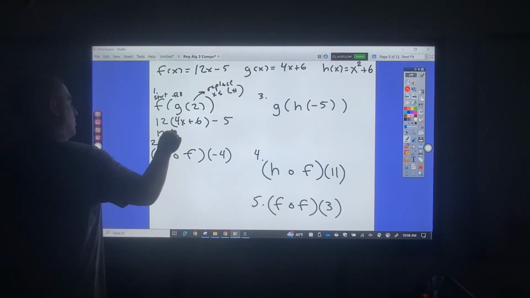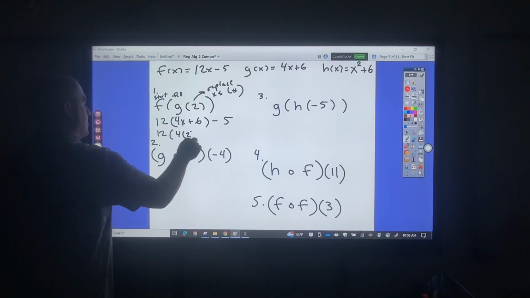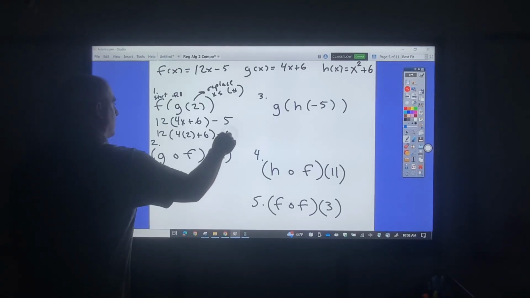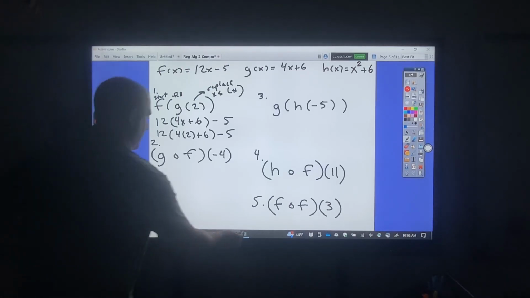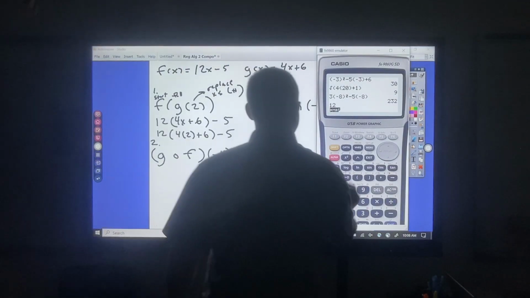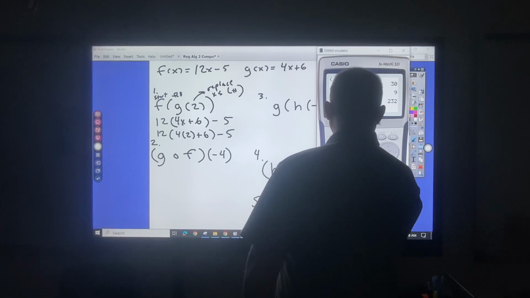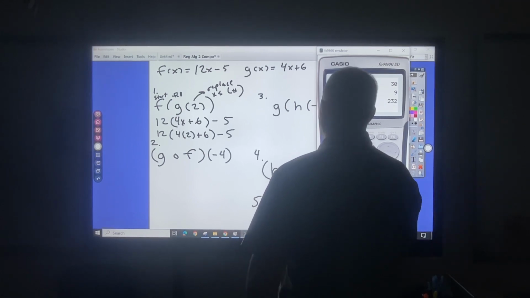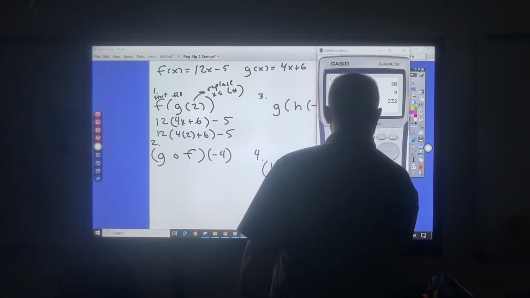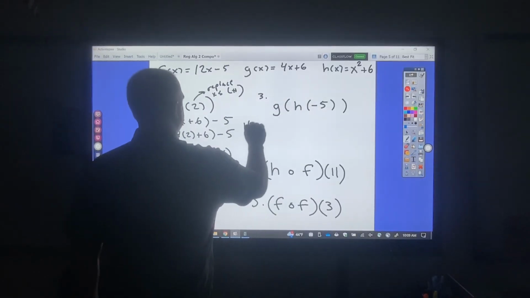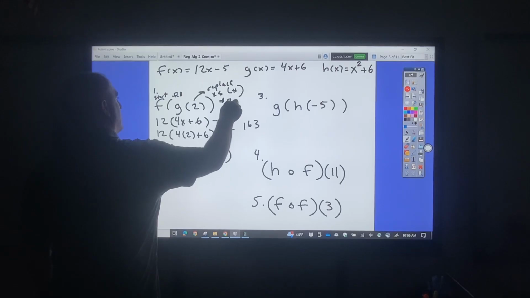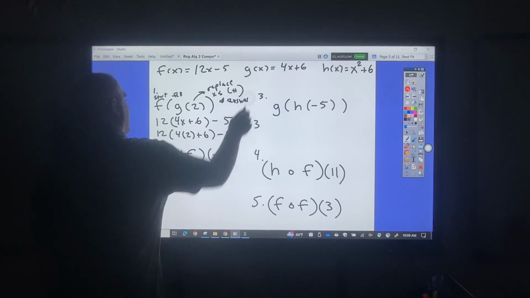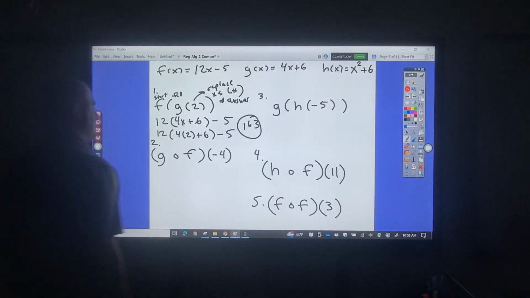So what I want to do is I'm going to go ahead and put that in like that. That keeps it really easy, okay? All right, so you just got to type all your parentheses. That's the only thing you got to watch. And I'm going to let the calculator do the work, and I get 163. So this, I'm going to get a number answer for. Okay? All right, so my final answer there is 163.